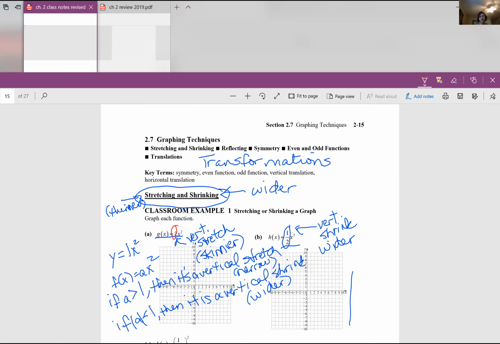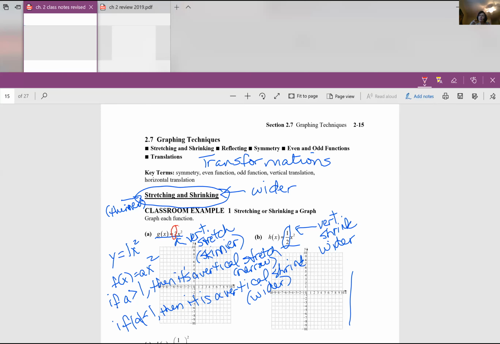Do you remember, based on what we saw last time, if that number is bigger than 1, what does it do to the graph? Does it make it stretch vertically, or does it make it shrink? Stretch. If it is a number that's greater than 1, it makes it stretch vertically or get skinnier, right?